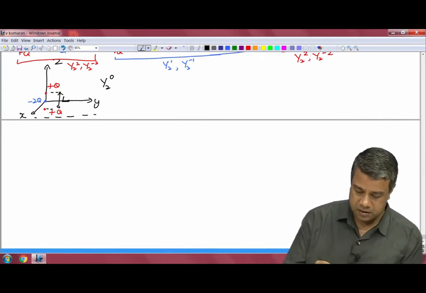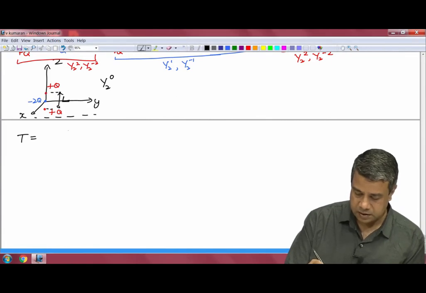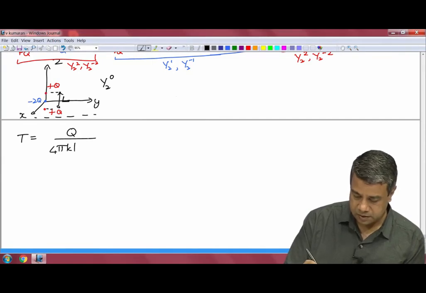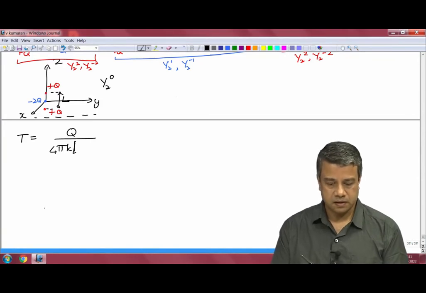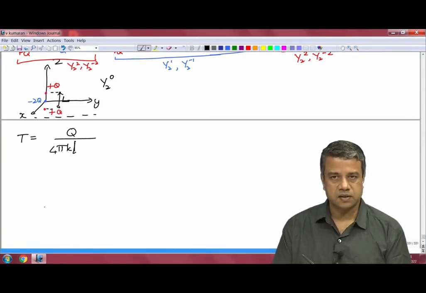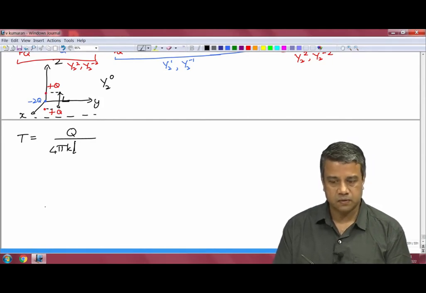So, let us find the temperature field for this. T is equal to Q by 4 pi k into the distance from the origin of the sources. The sources are at a distance plus L by 2 and minus L by 2 from the origin.